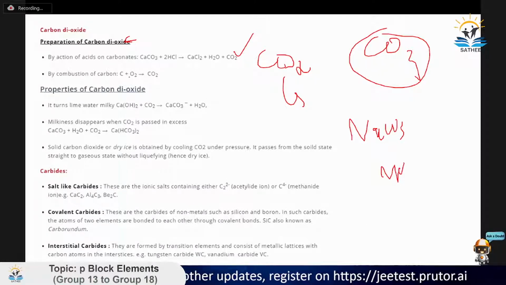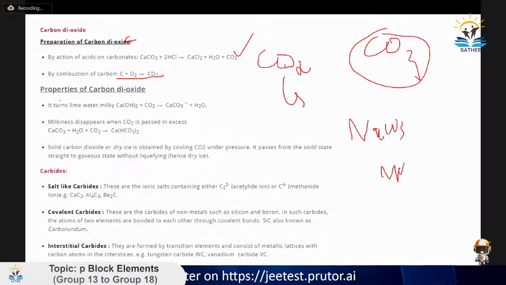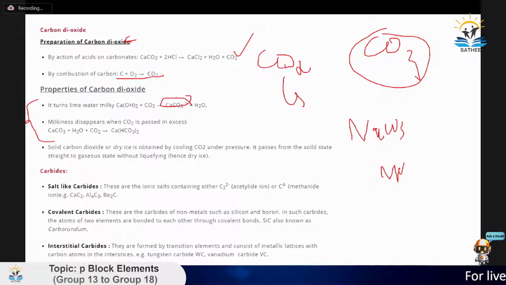Similar is the combustion. We just talked about this reaction in the previous slide. And what are some important properties? The most famous one is lime water turning milky, right? So lime water turns milky when you pass carbon dioxide through it, because it forms CaCO3.